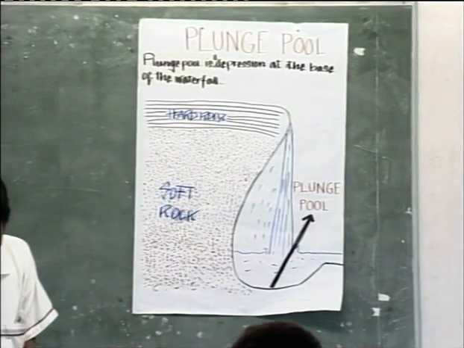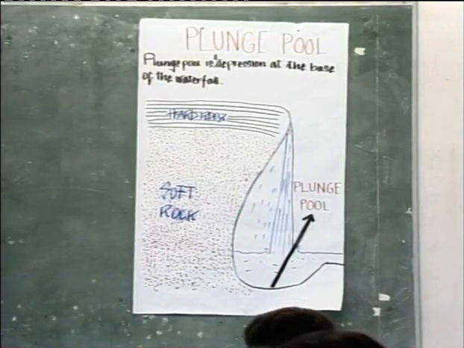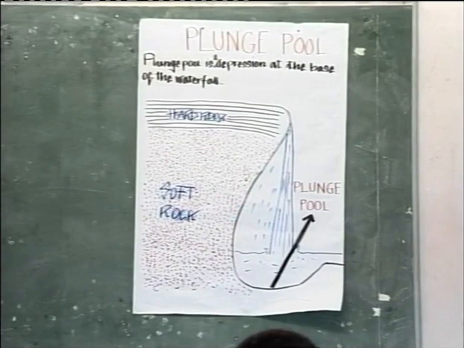Oh, sorry, Francis has a question up front here before we move on to the next group. Is it in all cases that the hard rock is found on the surface? On the waterfall, yeah.